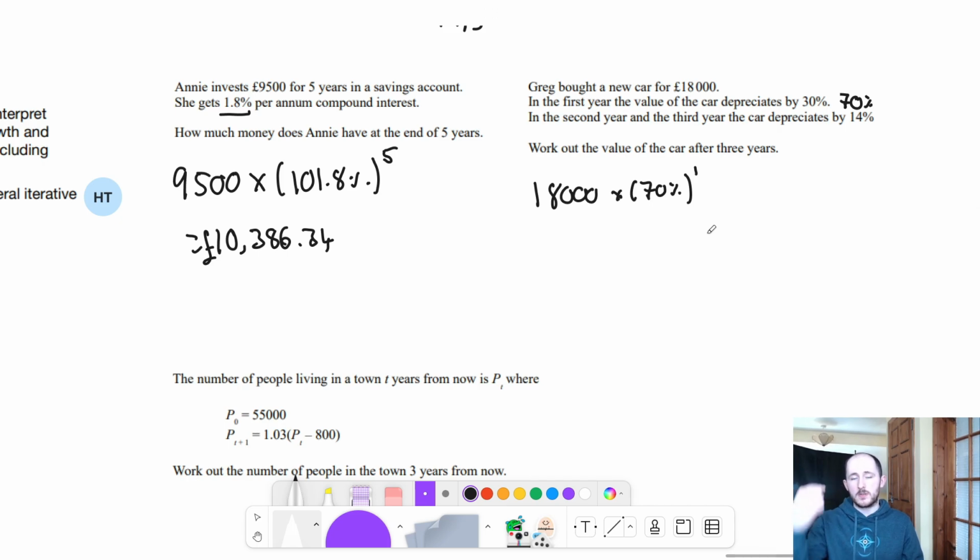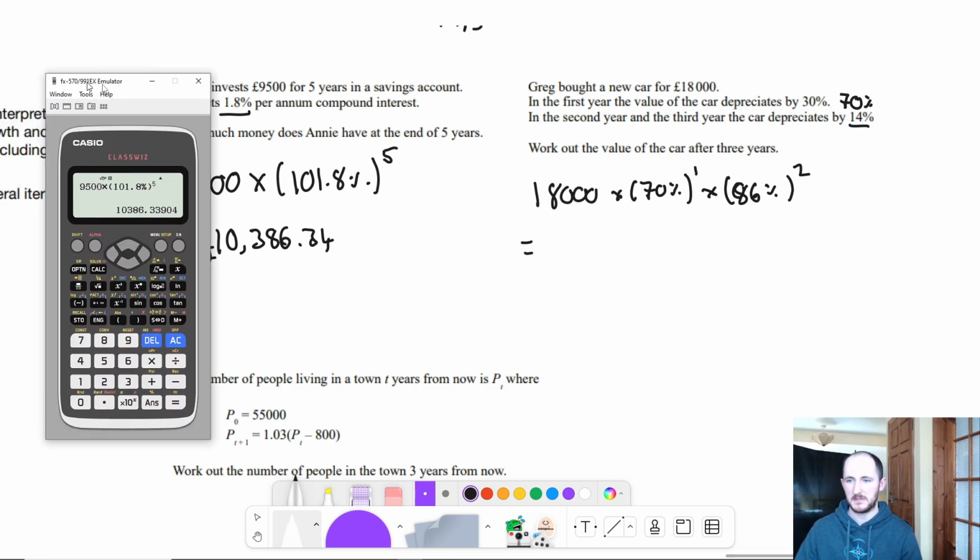If the interest or depreciation rate changes, you can just chain on the new percentage. So 100% minus 14 will be 86%. And that's for the second and third year, so that's for 2 years. So you can do that. You can just chain them on, okay?